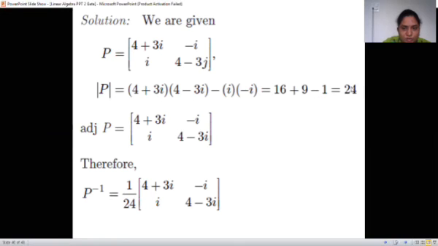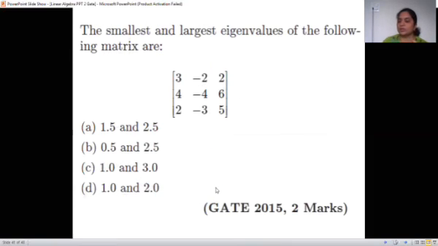And the determinant is 24, they are saying, not 25. You told me 25. As it is i square, and that is plus i square, that is minus 1, right? So it is 24, not 25. Just check this once, okay?